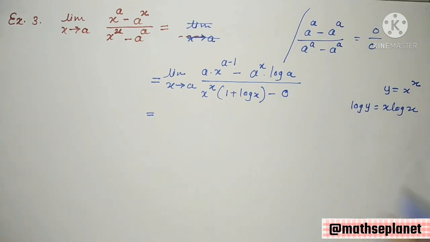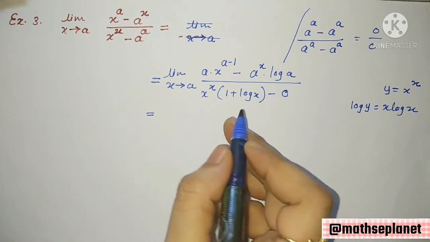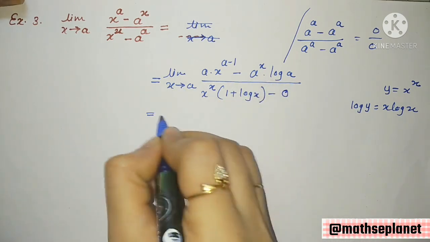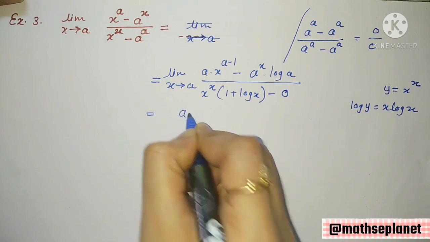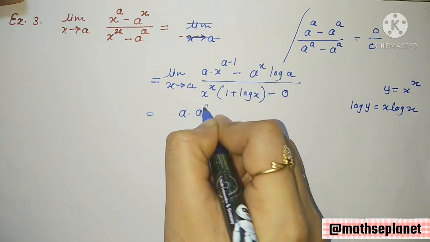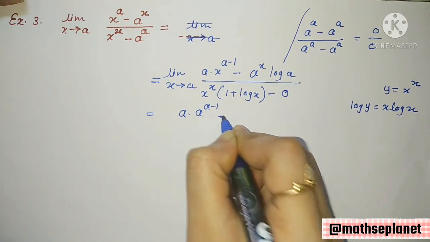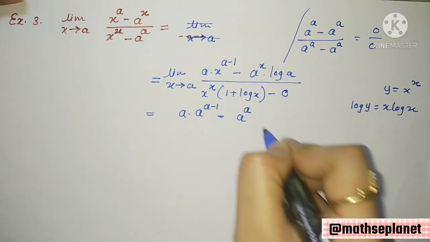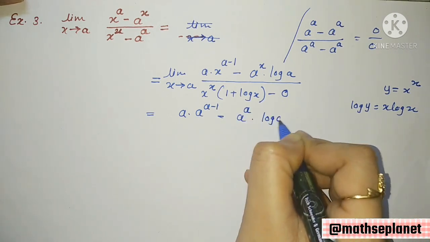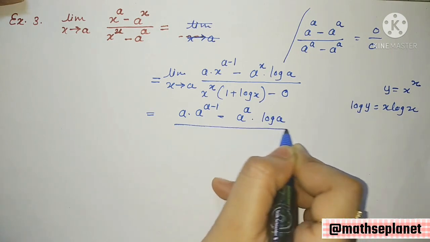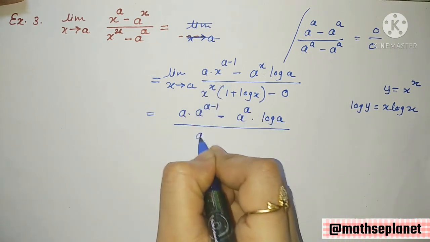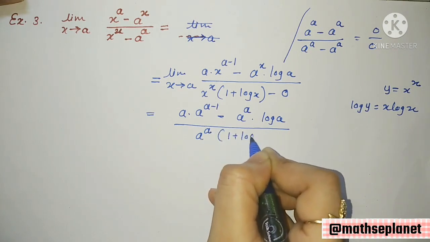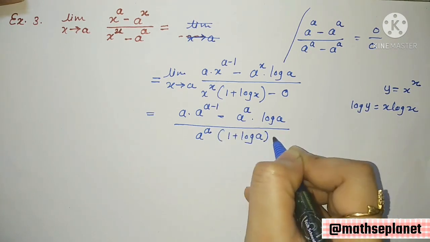Now we can put the value of the limit. So put the value: a into a raised to a minus 1, minus a raised to a into log a, divided by a raised to a in bracket 1 plus log a, minus 0.